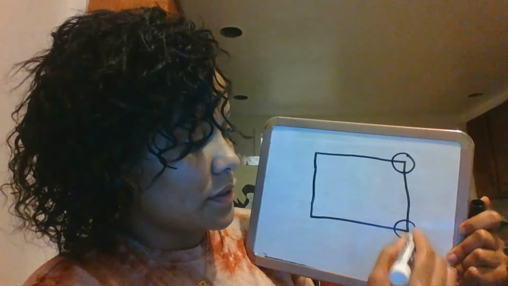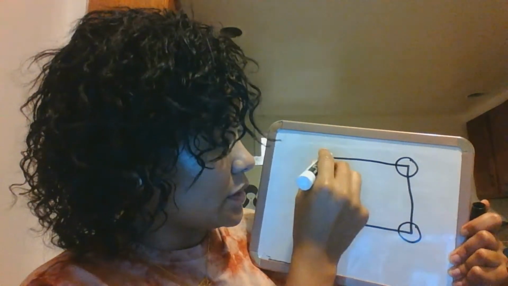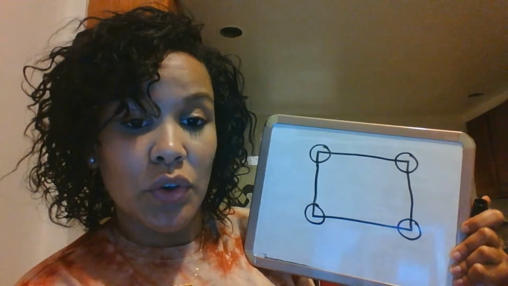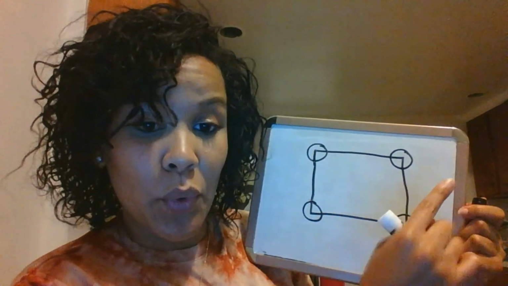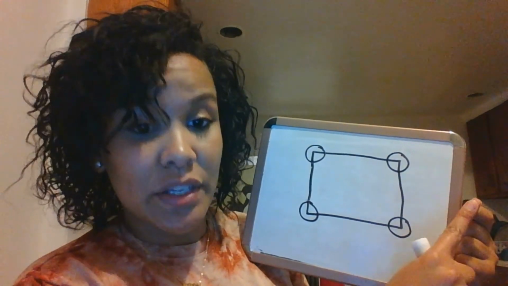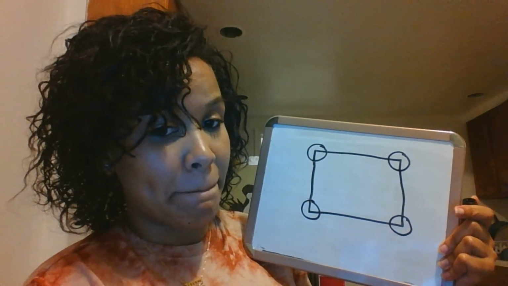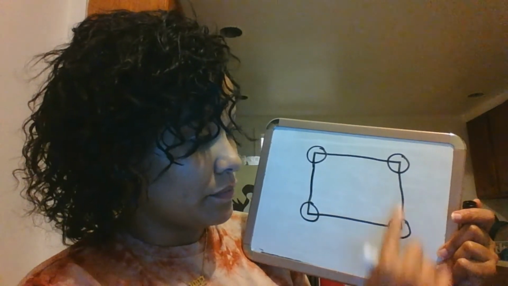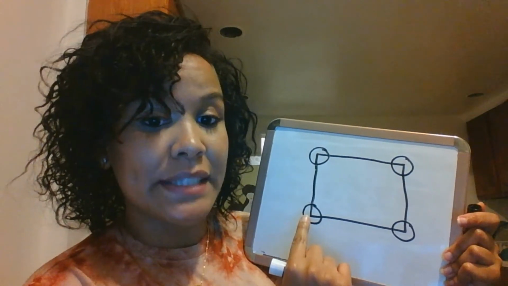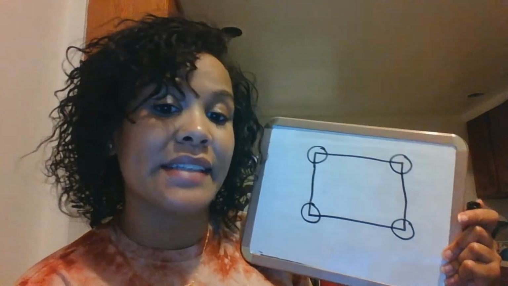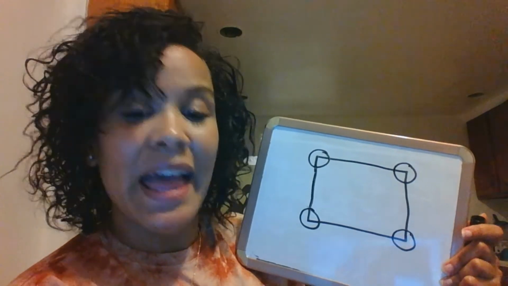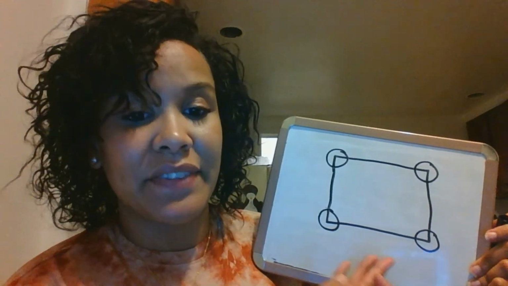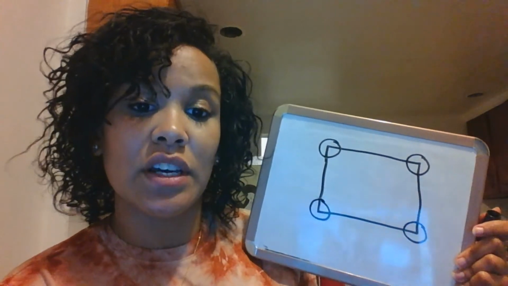There's a vertex, there's a vertex, there's a vertex, there's a vertex. So you have to tell your teachers how many vertices there are. Then you're going to tell them how many sides you have. Those are the sides. Let your teacher know how many sides a rectangle has. And last, you're going to decide if this is an open or closed shape.